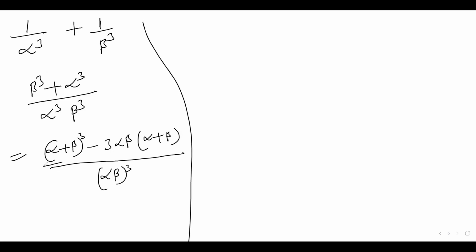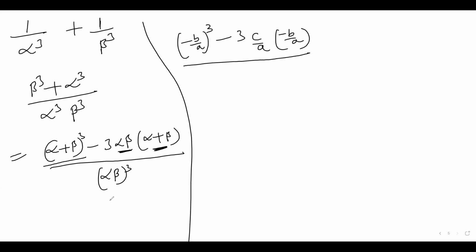Sum is minus b by a. Product is c by a. Again sum is minus b by a. Product is c by a. When you cube, minus will remain.